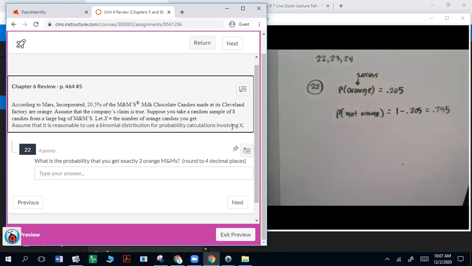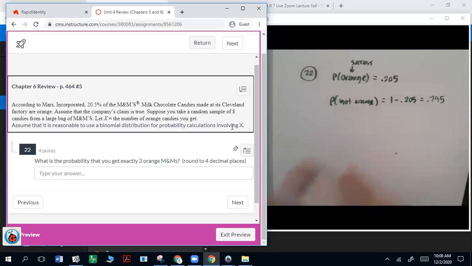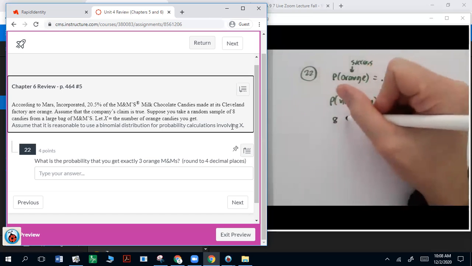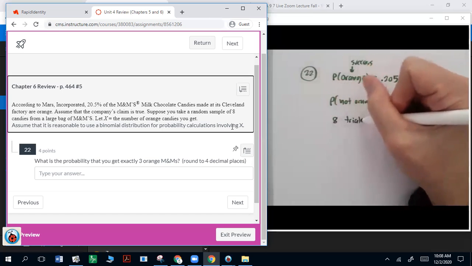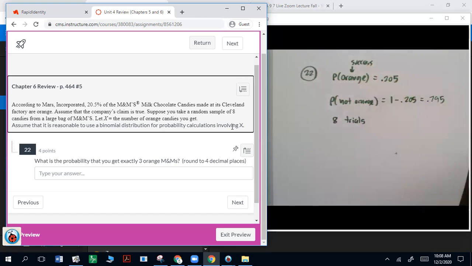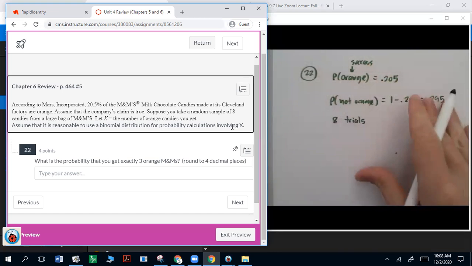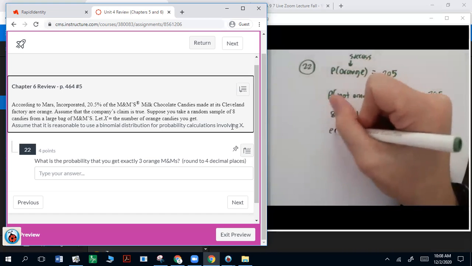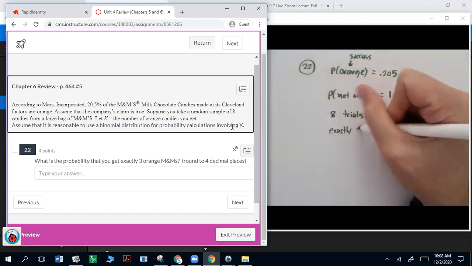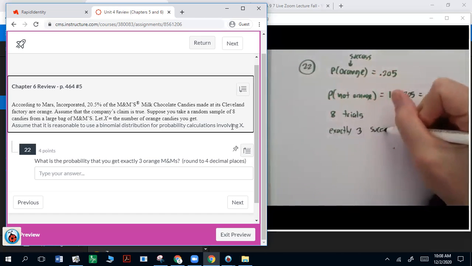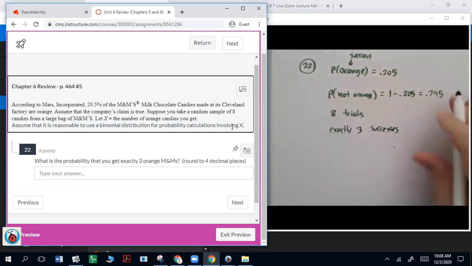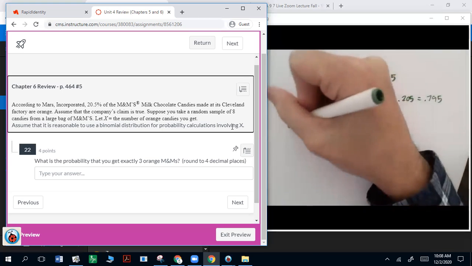So the question says, what's the probability that you get exactly 3 orange M&Ms? So out of the 8, we have 8 trials. That's the number of draws. And then we want to know exactly 3 successes. So this is a binomial.